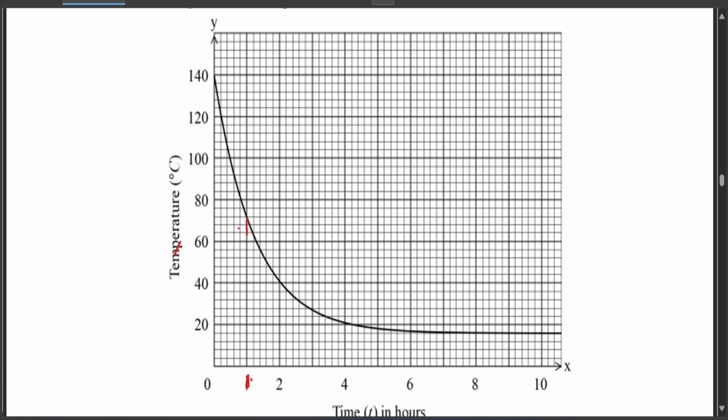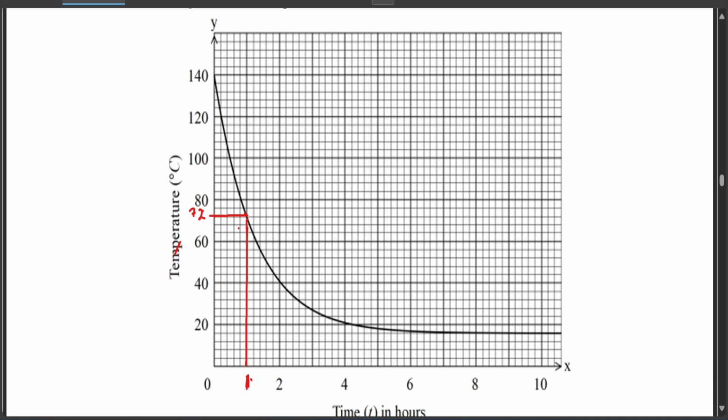T equal to 1, our Y will most probably be here. So our Y, let's see, 20 divided by 5, 4, 64, 68, 72. So this is around 72.